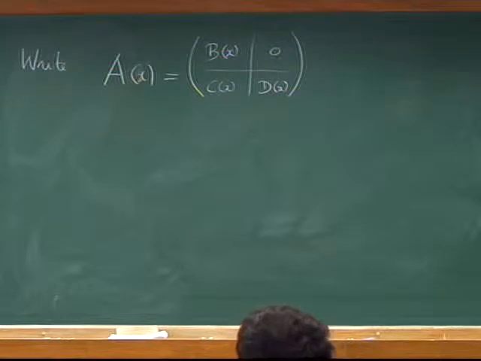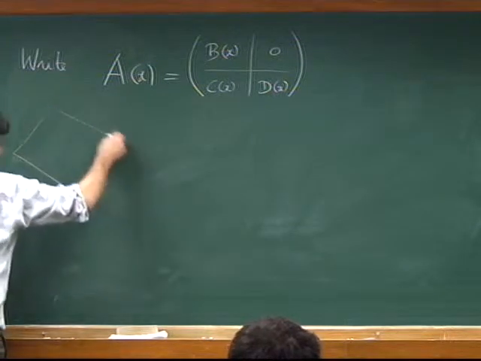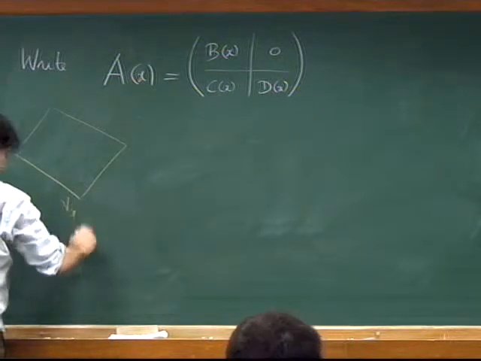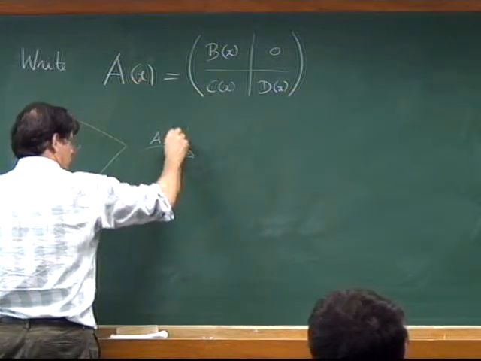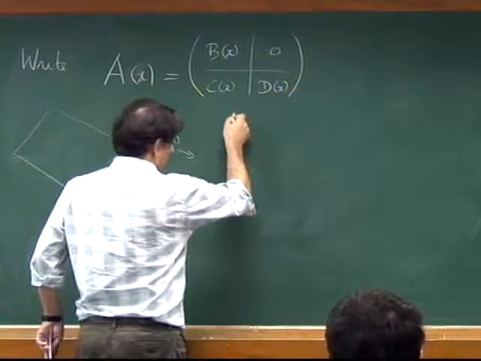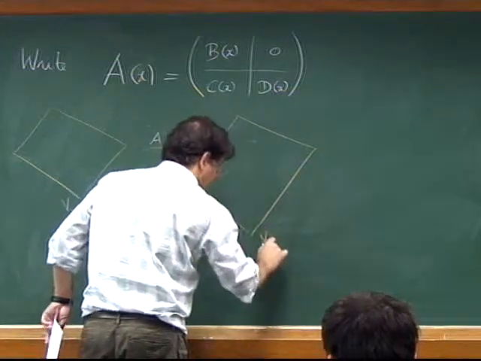So I have the V of x. By invariance, it goes to V at f of x.